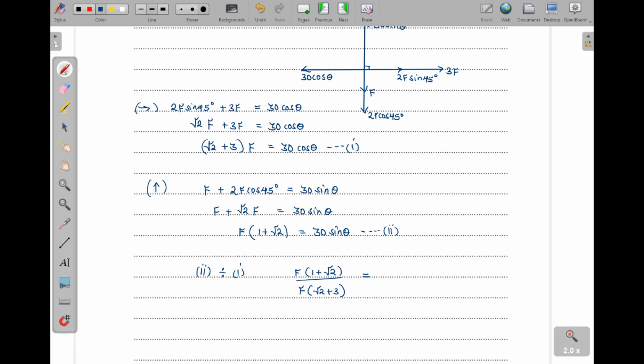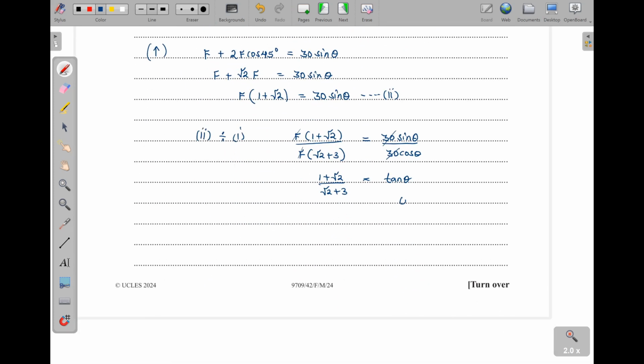This one will equal 30 sine of theta divided by 30 cosine of theta. Of course, the F will go. Then we have tan of theta, which is equal to this one here. So the next thing is to just get the arctan. Theta will be equal to the arctan of 1 plus root of 2 over root 2 plus 3.